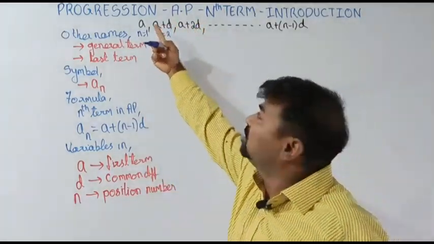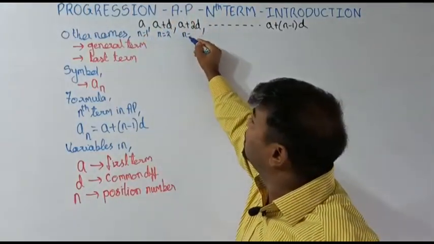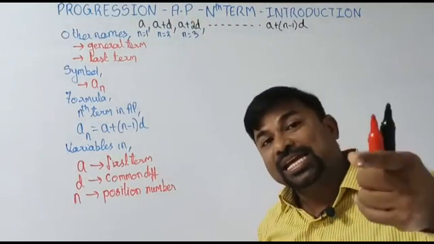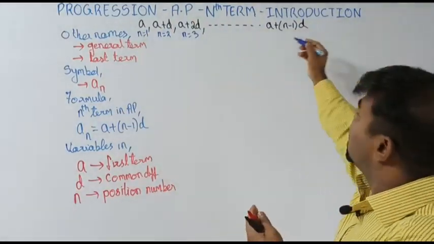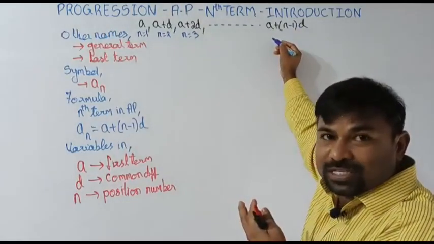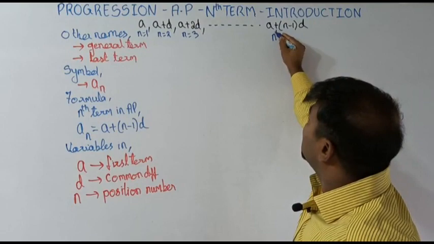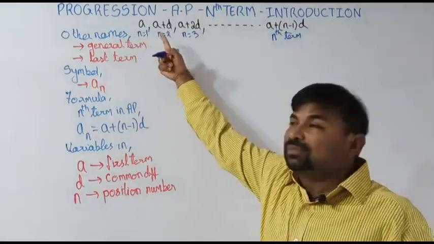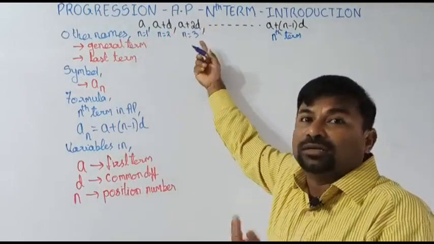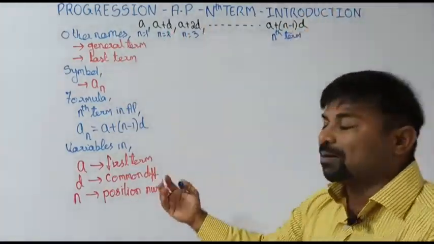In the serial order, you can see first, second, and third, so the position is 3 here. In the same way, you go to the last, which is the nth term. Here is the first term, second term, third term, and the last one is the nth term. That is what the formula is.